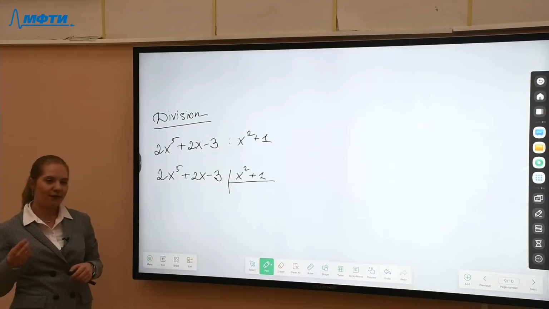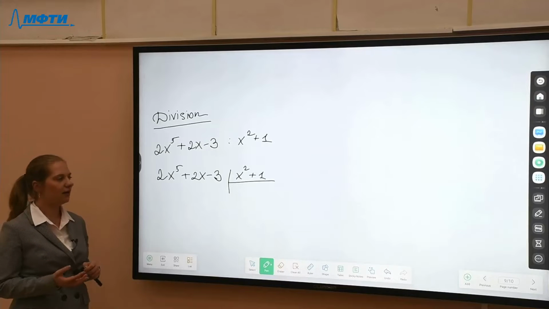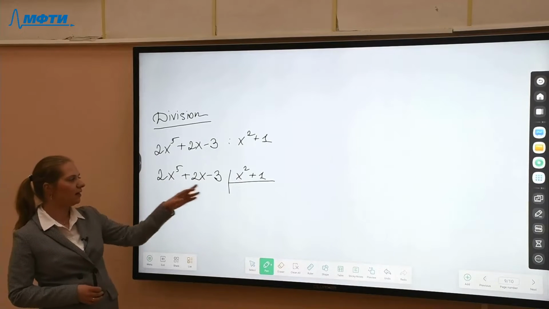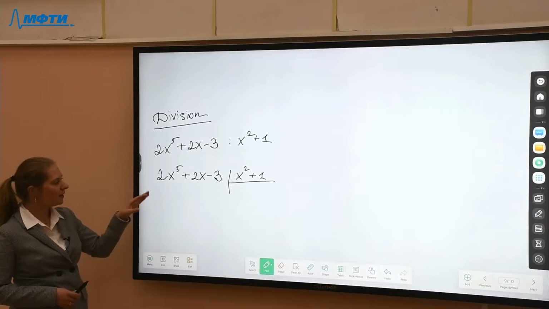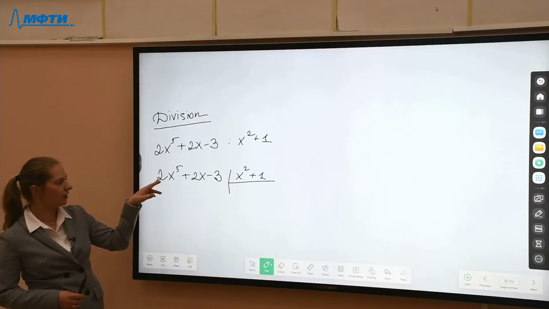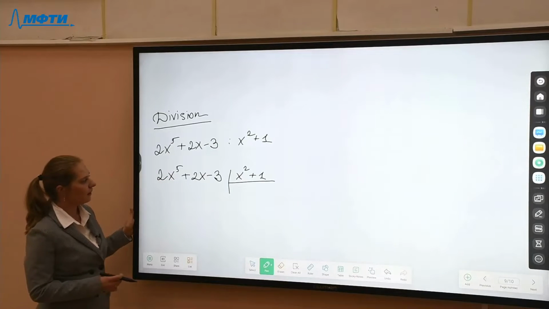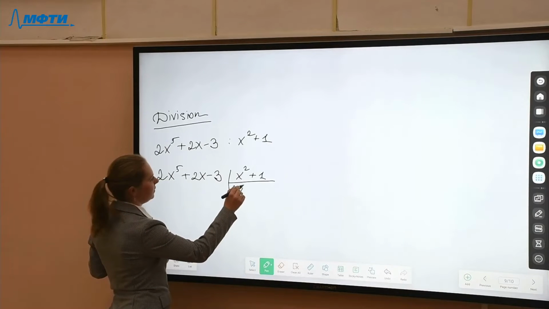And when we divide two monomials, we need to remember that we need to divide their coefficients, and we need to subtract the power of the second monomial from the power of the first monomial. So we divide x to the power of 5 by x squared, and this is 2x cubed.